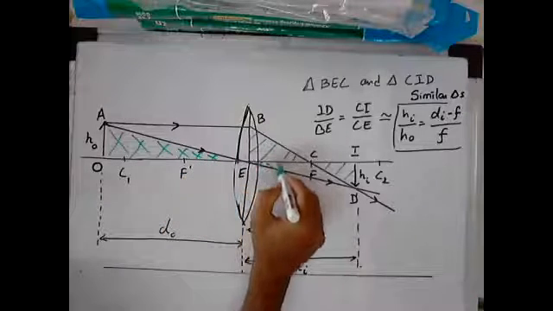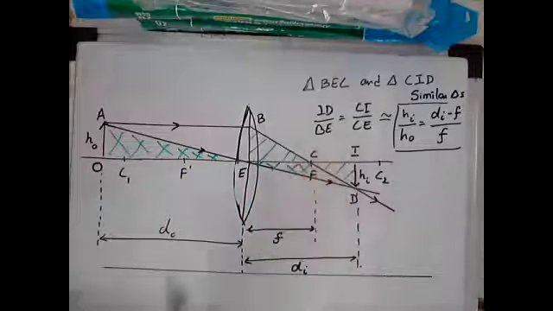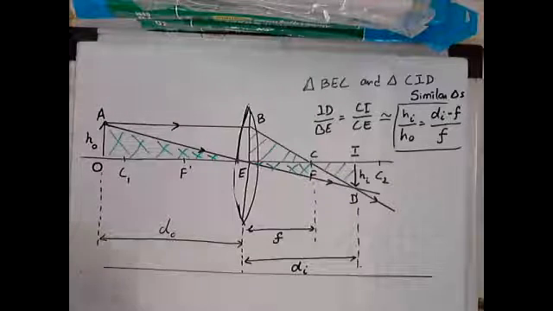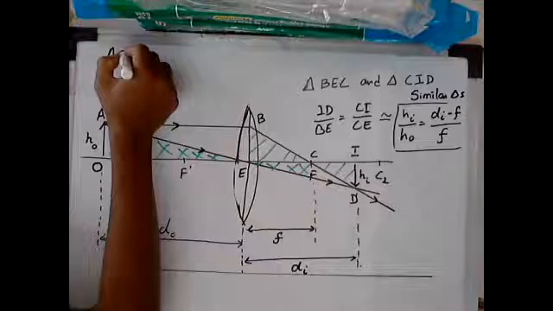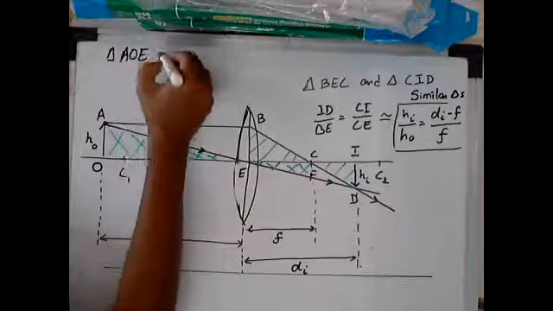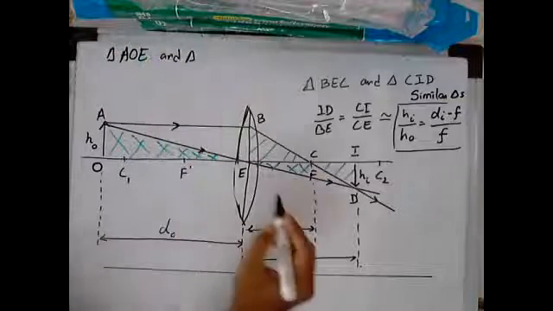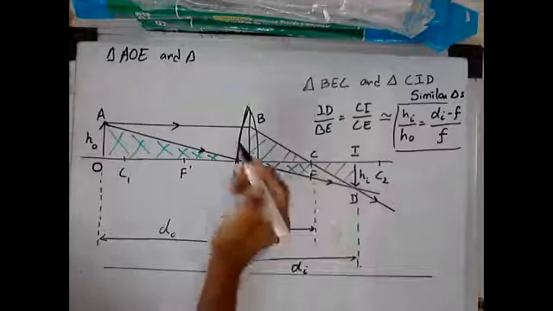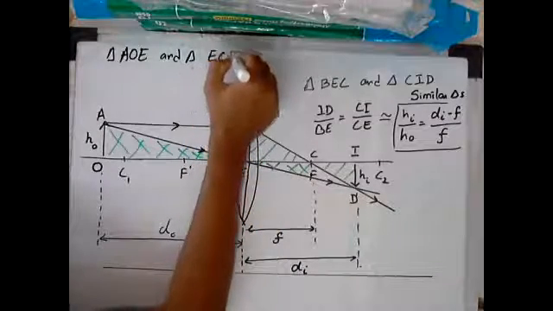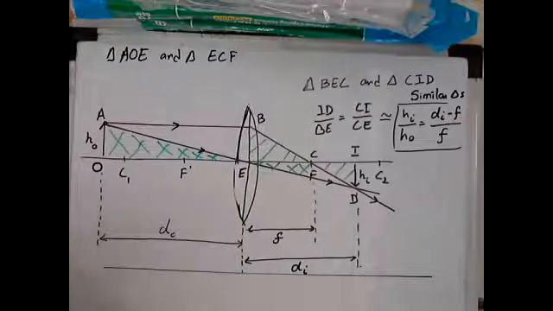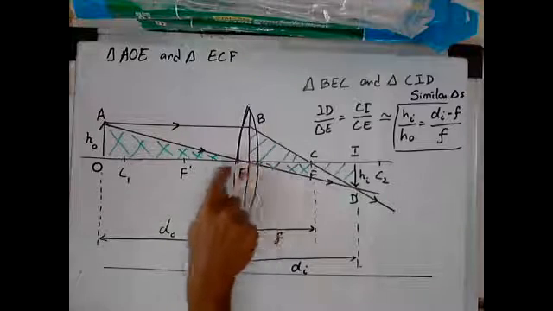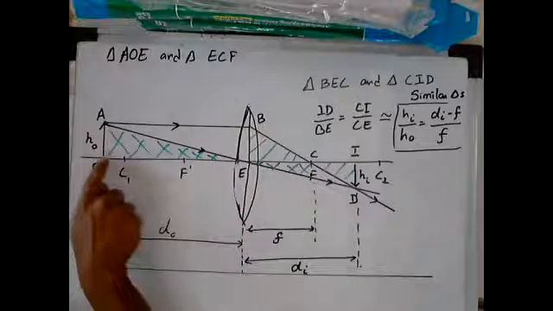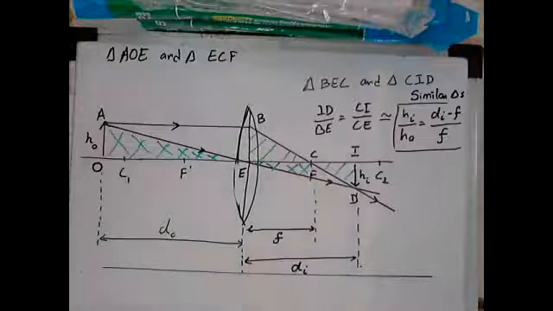That is triangle AOE and triangle ECF. Well, these two triangles are also similar triangles for the same reason. These two angles are the same. There is a right angle, so therefore this angle and this angle is also the same. So these are also similar triangles.